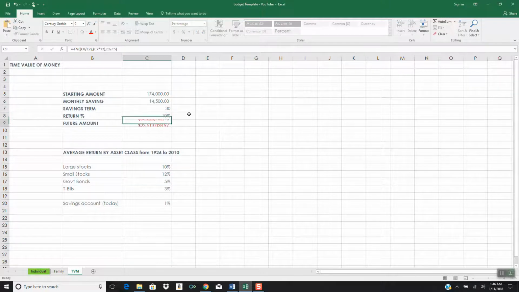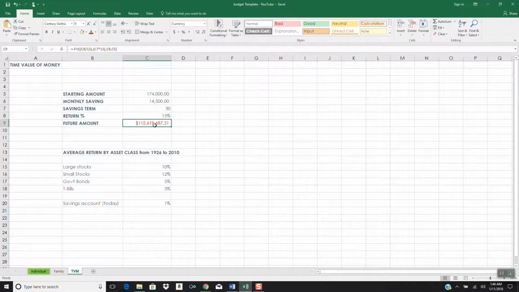Sometimes it will be 10%, and you see how that goes up. Sometimes the average could be 15% over that time period, and you see this number just grows and grows over 30 years. If this family can average 15% per year, which is not unheard of, then operating under the circumstances we laid out, this family can have $115 million.